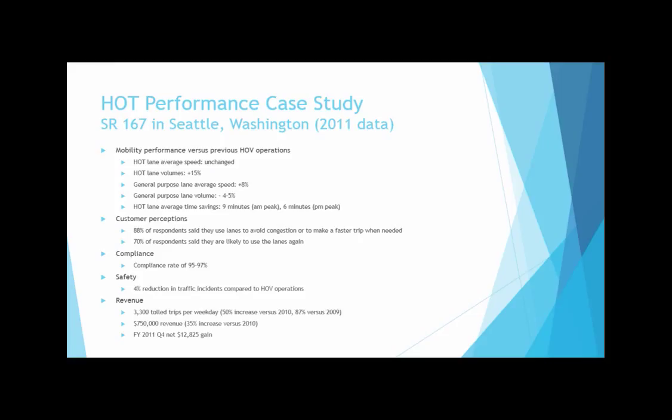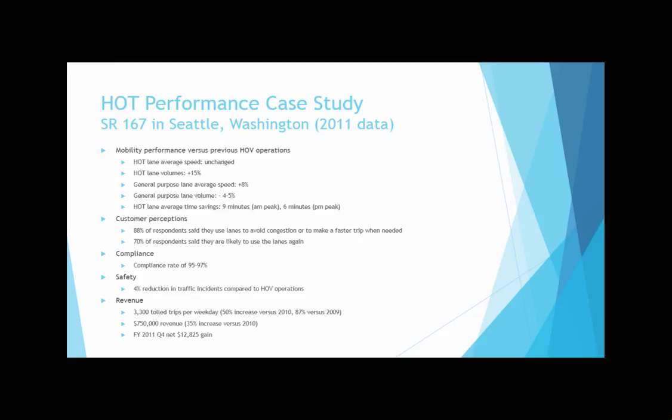The general purpose lane volume increased by about 4 to 5%, and the average time savings for the HOT customers were about 9 minutes during the morning peak period and 6 minutes during the PM peak period. Customer perceptions overall were very good, with 88% of respondents saying they use the lanes to avoid congestion and make a faster trip. And then 70% of them said they were likely to use the lanes again.